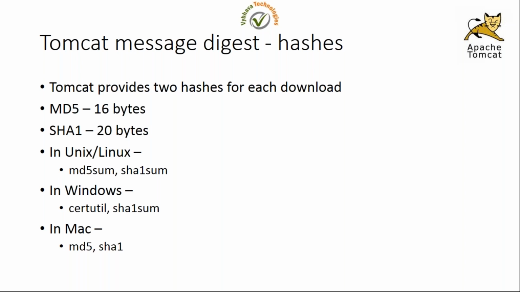If they have a customized one, you have to go with that, but at that time also we need to check these hashes. For a customized Tomcat you don't need to, because they already downloaded the actual core and then modified and customized it.